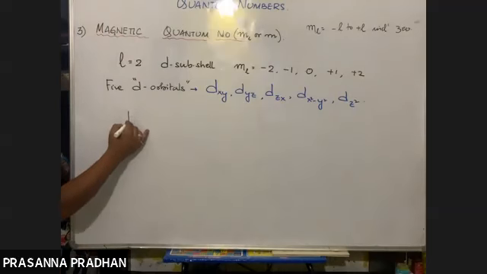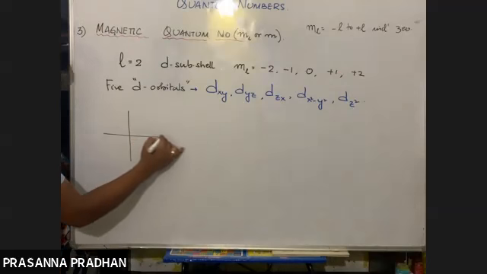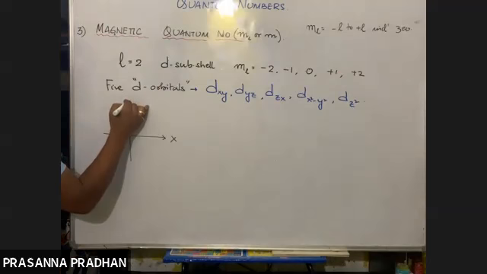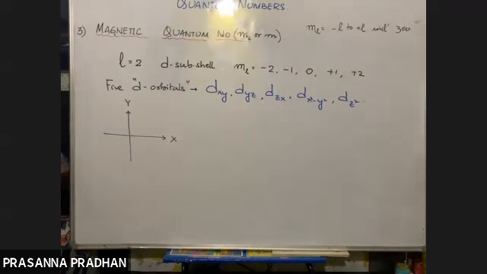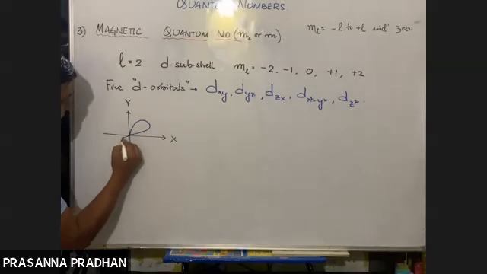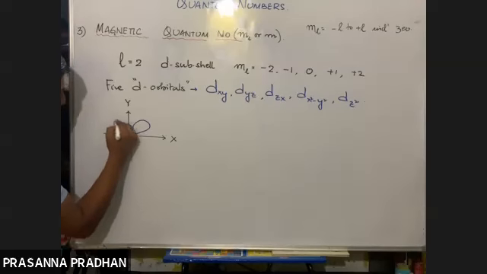Okay. So let me consider this as the x-axis. Let me consider this as the y-axis. And these are mutually perpendicular. Now dxy orbital means the lobes are oriented in between the x and the y-axis.